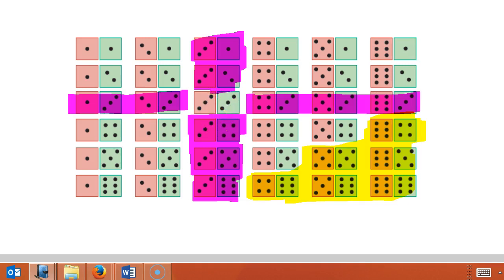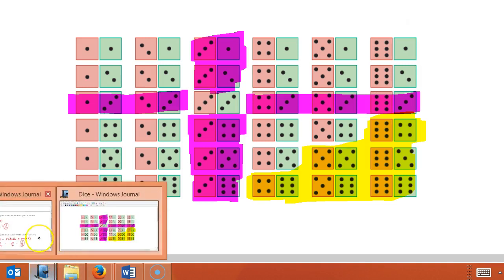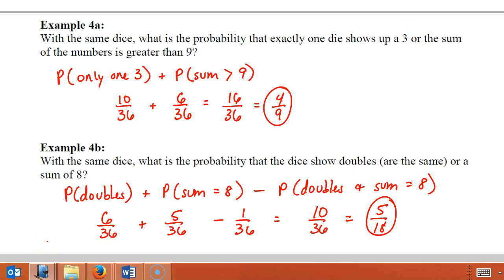So if we count all the other ones, we end up getting a total of 10 possible outcomes where there is exactly one 3 showing up. So that's why it's 10 over 36. Again, there was no overlap, as you could see from the previous screen, so we're not going to have to subtract anything. So we just add to the previous fraction the sum being greater than 9, which is 6 out of 36. Add those together, you get 16 over 36, or 4/9. And then you can check and see what you should have gotten on the next example.